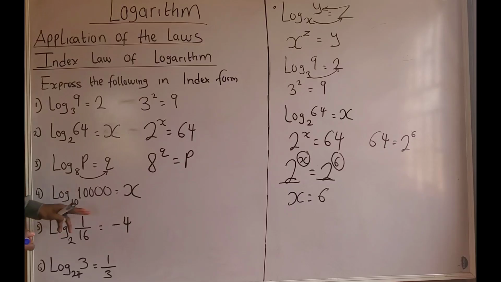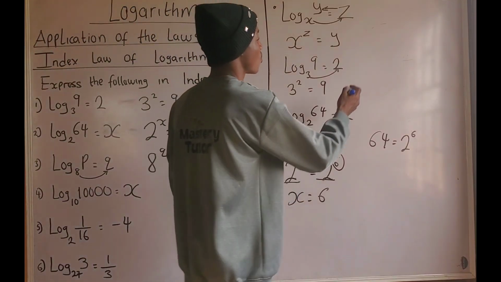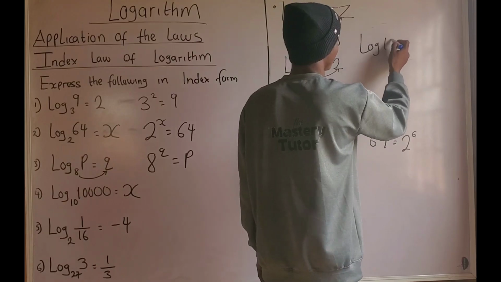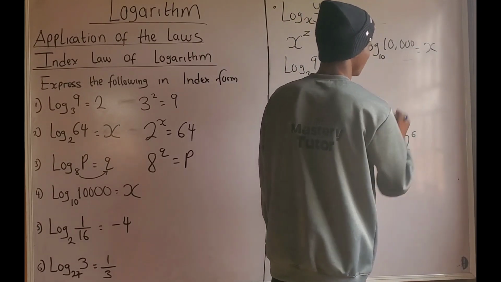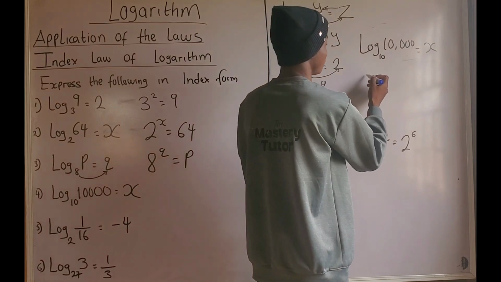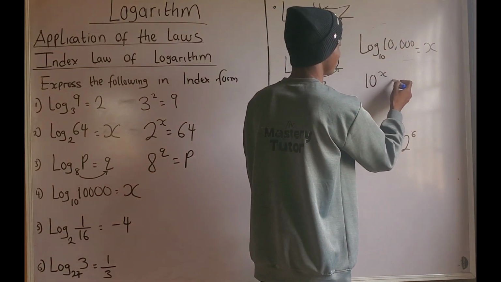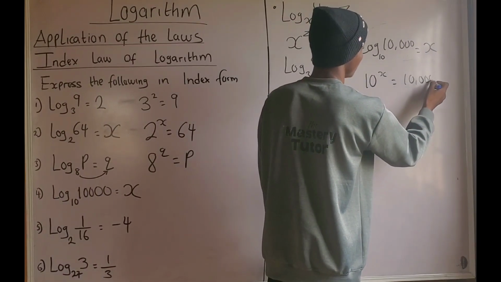Log 10,000 base 10 equals x. We are asked to change it to index form. For this, I'm going to have 10 raised to the power of x equals 10,000, right?